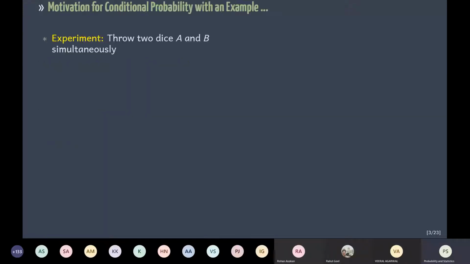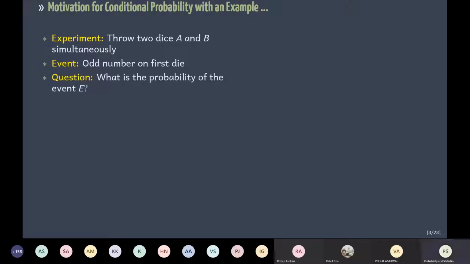So let us continue. This is an example that we did last time to motivate conditional probability. Here in this example, we throw two dice, A and B, and the event is that we get an odd number on the first die. Now the question is, what is the probability of this event?